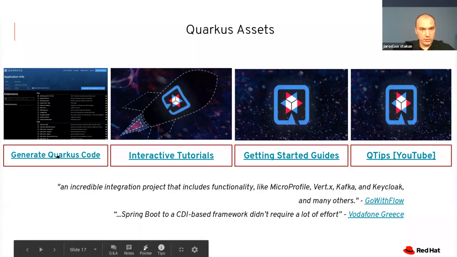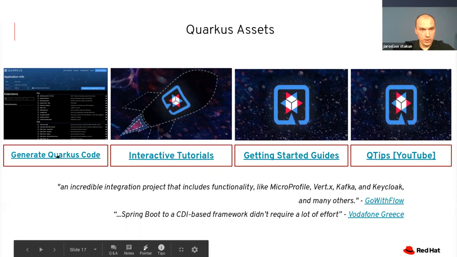So we can come back a little bit to the presentation. So if you could give us some assets that everyone would like to have, like getting started, some instructions maybe. Yeah, so getting started with Quarkus is quite easy.